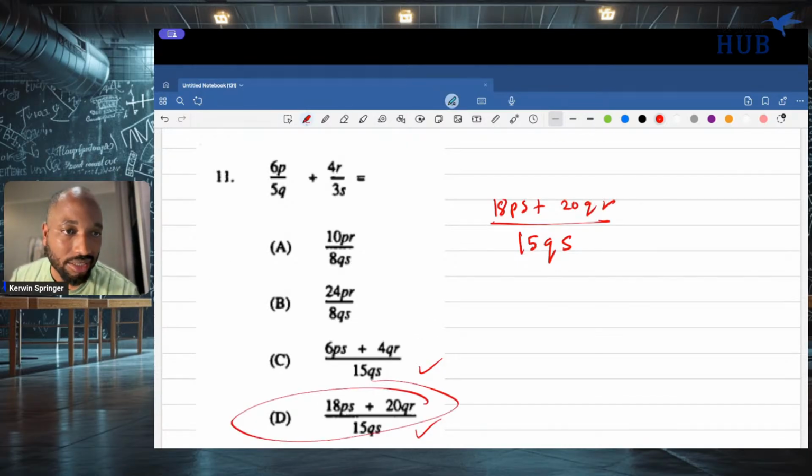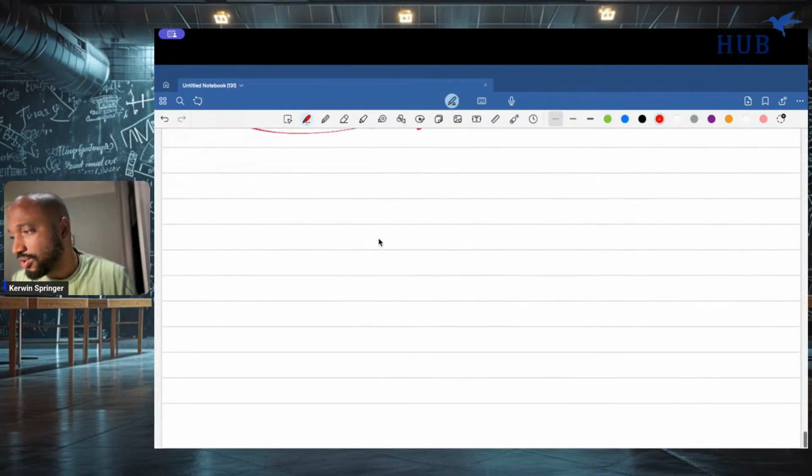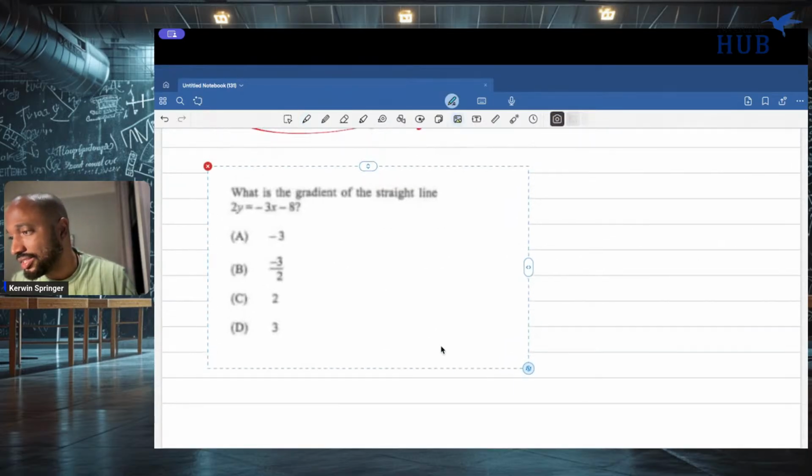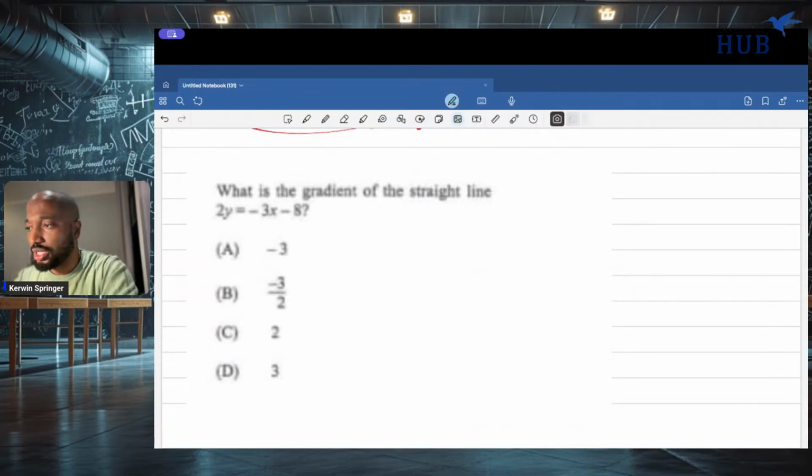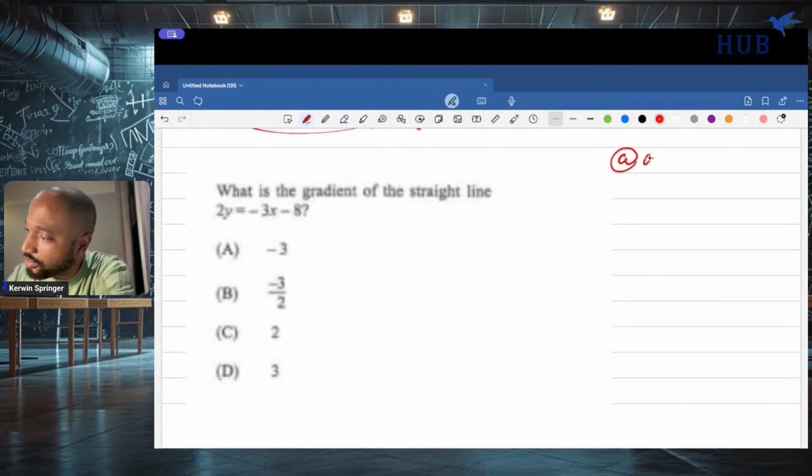is the answer. All of them people who always ask what paper is this, and I keep having to repeat myself. While you who have been here a long time could just tell them, sir is doing requested questions. What is the gradient of the straight line? The reason I do requested questions is because, as I said, if you check out my channel, hundreds and hundreds of questions have been done.